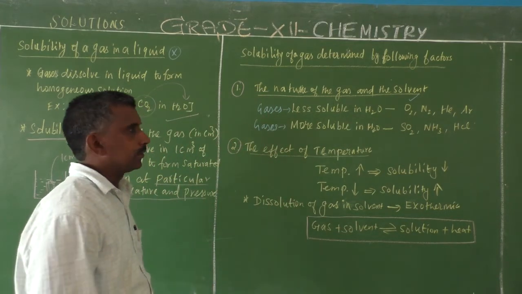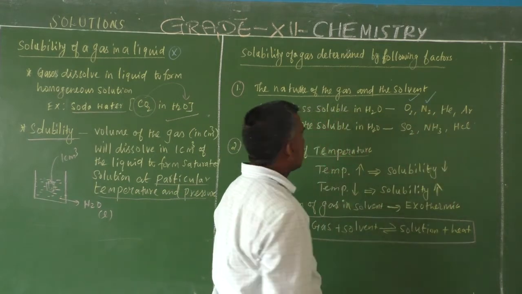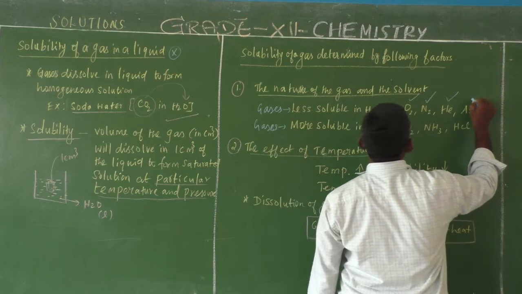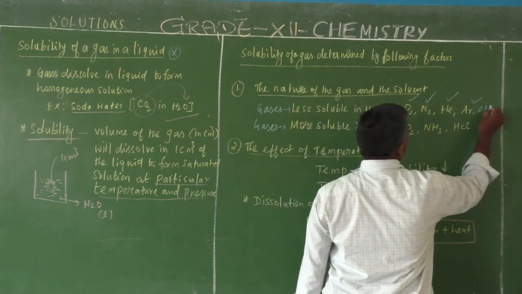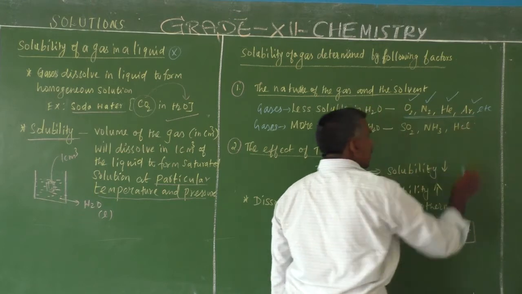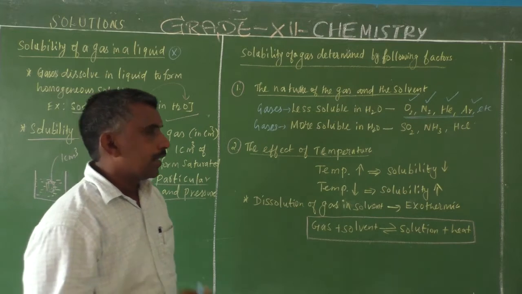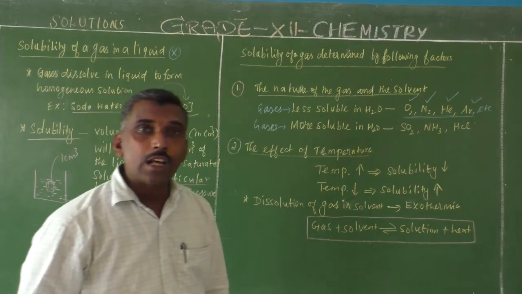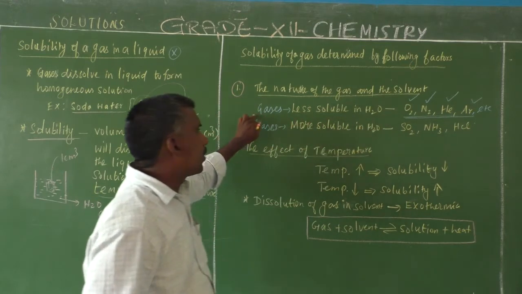Then next nitrogen, then helium and argon. Mainly these four gases: oxygen, nitrogen, helium and argon, the noble gases, and oxygen and nitrogen are less soluble in water.